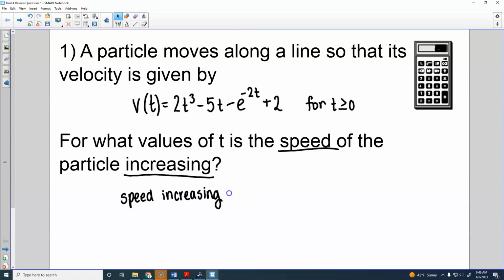Remember, speed is not velocity. A lot of times you just want to look at acceleration and see whether it's positive or negative. That's not exactly right. For speed increasing, velocity and acceleration have the same sign.